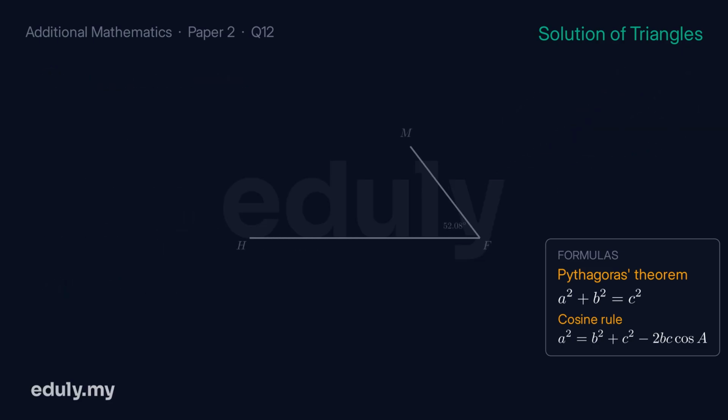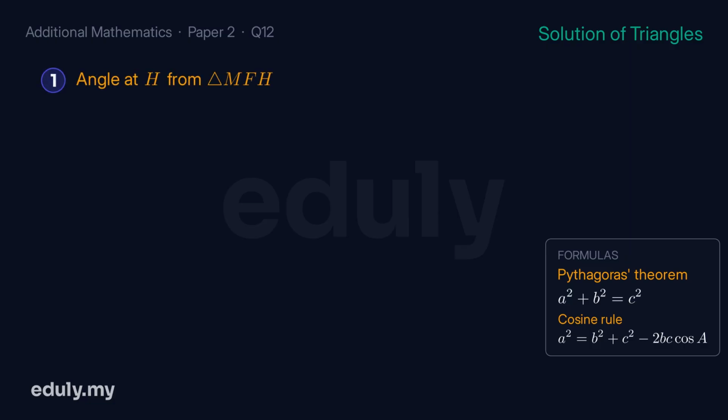Part B 2a. This is the ambiguous case. We are given two sides and an angle that is not between them, so two different triangles can fit. Here is the original with a sharp angle at F. Keep that in mind, and let's find the angle the two triangles share.